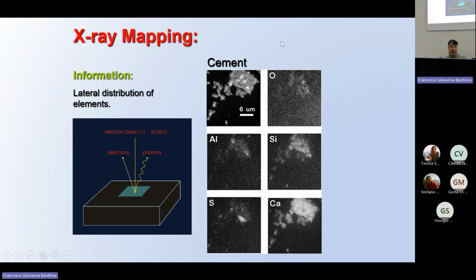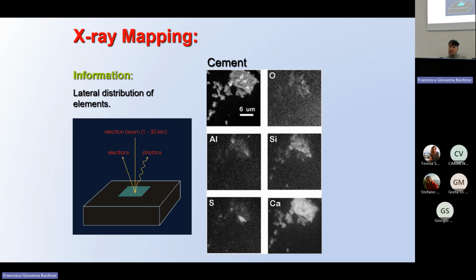So if I detect X-rays from the surface, and I can do all of this I'm telling you now simultaneously. Not first the secondary, then the other. You can do all simultaneously. The electronics are so fast that you can acquire all the signals simultaneously.